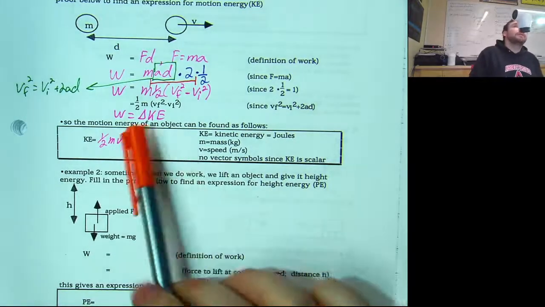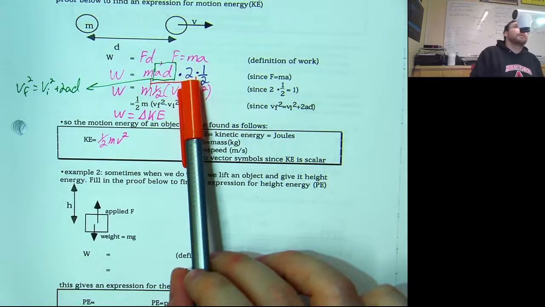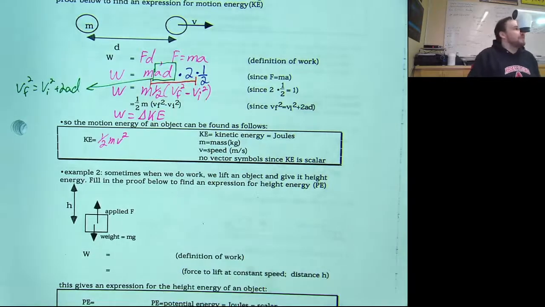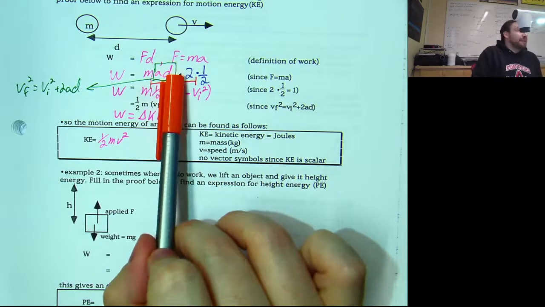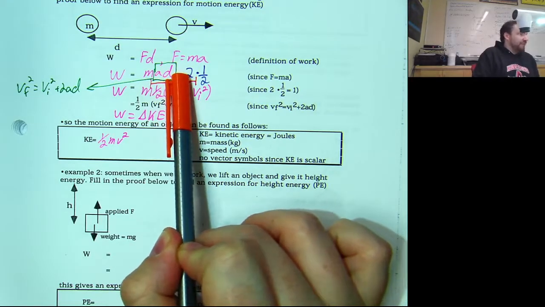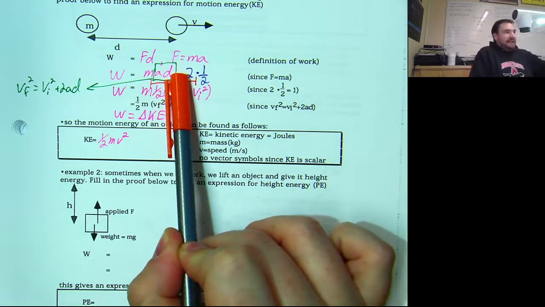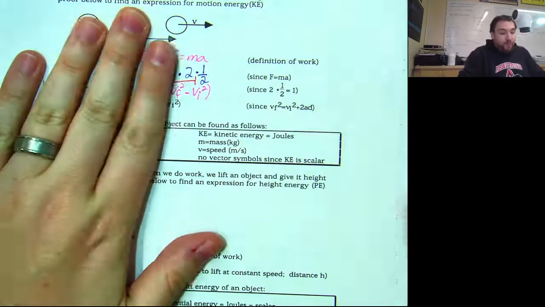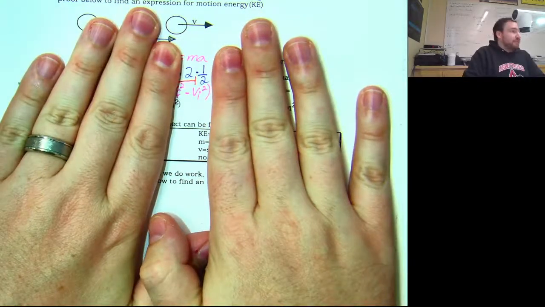Well, what's 2 times a half? No, 2 times 1/2. It's 1. So what I did here is I multiplied this by 1. Because multiplying by 1 doesn't actually change the expression you have. You can multiply by 1 again and again. So the one that I picked was 2 times a half.